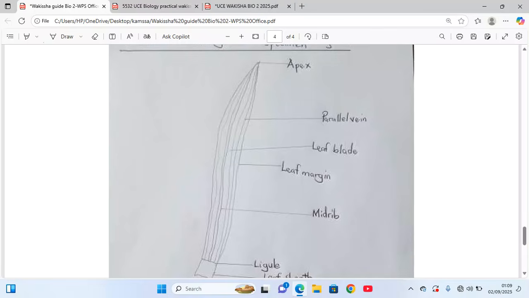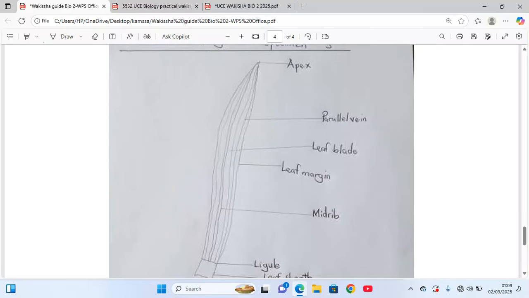And then we have leaf margin, which is this outer line here, the outer margin. I said the midrib is that very inner vein, the innermost big vein that runs from down to the top. Then the leaf blade is this whole narrow passage, this whole leaf lamina is what we call the leaf blade.